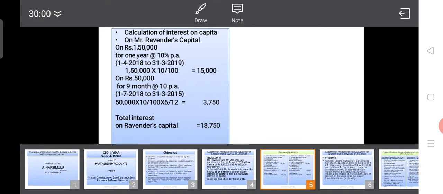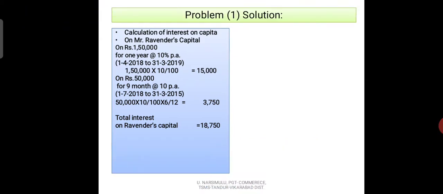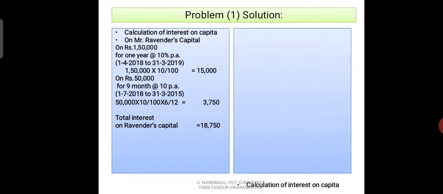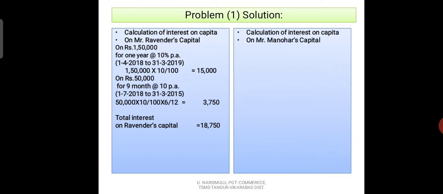See how much amount, interest on capital on Mr. Manohar's capital, rupees 2 lakhs for 1 year at the rate of 10% per annum.